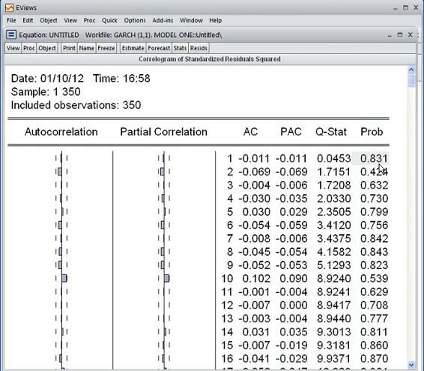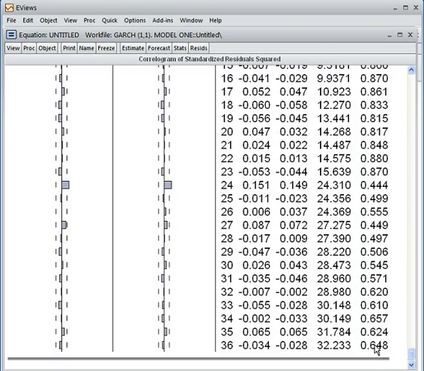What about this one? 83.1%. This one, 42.4% p-value. What about the last one? 64.8%. So all are more than 5%, meaning that we cannot reject the null hypothesis.